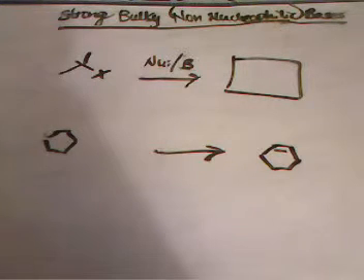You want to avoid substitution. Knowledge of this also helps us on which bases to use. We want to use bases, from the list that I'm about to give you, that favor elimination over substitution because they're bulky and they prevent nucleophilic attack.